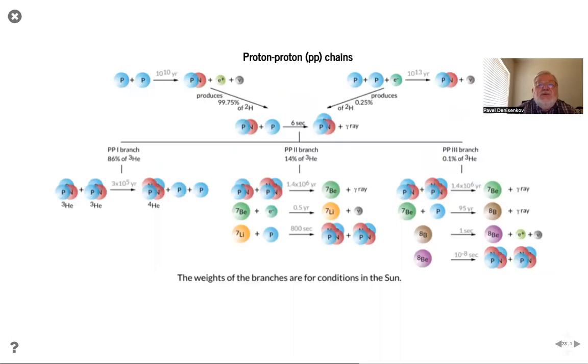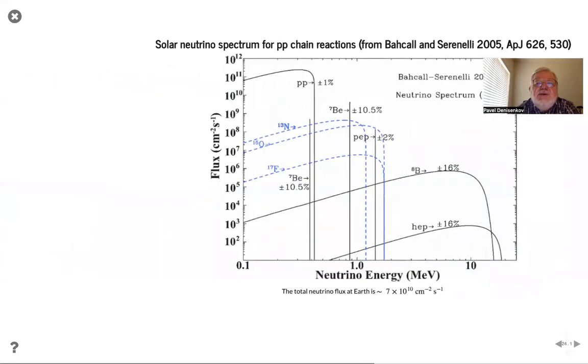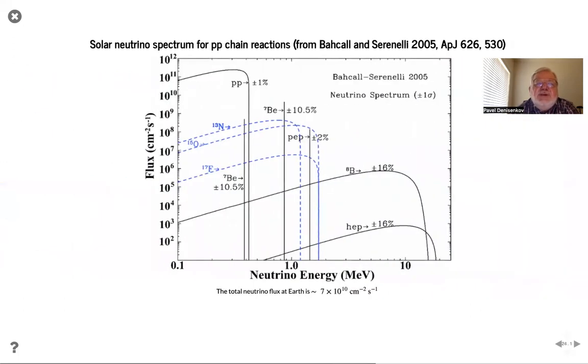The proton-proton chains of reactions predominate in relatively low mass stars and solar type stars, in low mass main sequence stars during hydrogen burning. I'm going to go faster through the slides because you can have a more detailed look at them later, since you can download them. In proton-proton chains, interesting neutrinos are produced, for instance boron neutrinos, as well as other neutrinos.